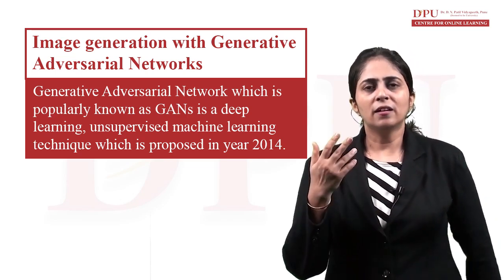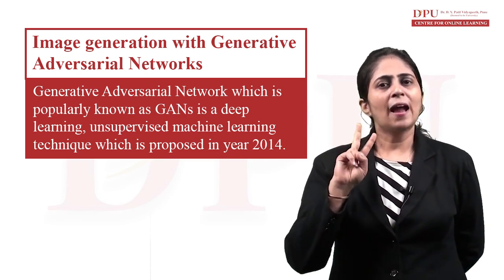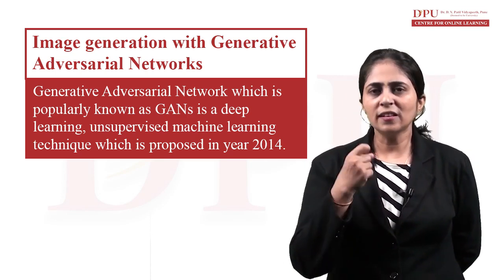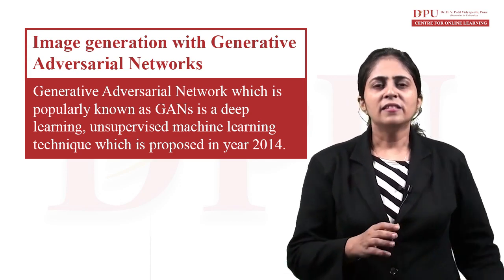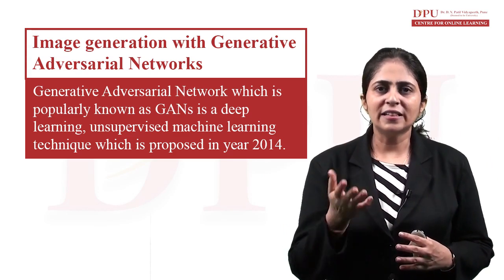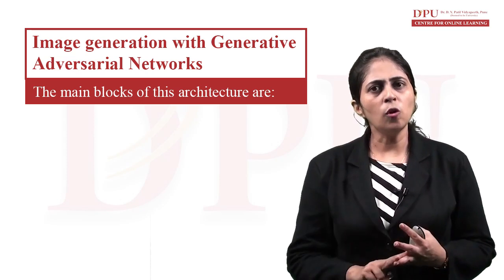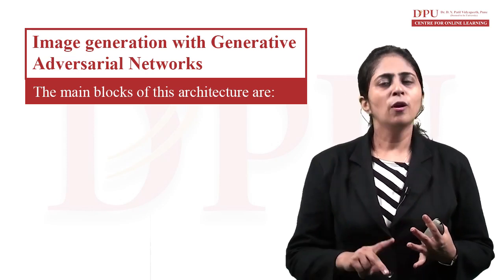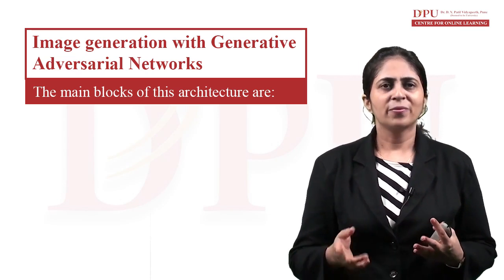So here, what is a generative adversarial network? Here we have two things in it. One is a generator and another one is a discriminator. Why is it called a generative adversarial network? Because it comprises two neural networks in itself. One is a generator, another is a discriminator.